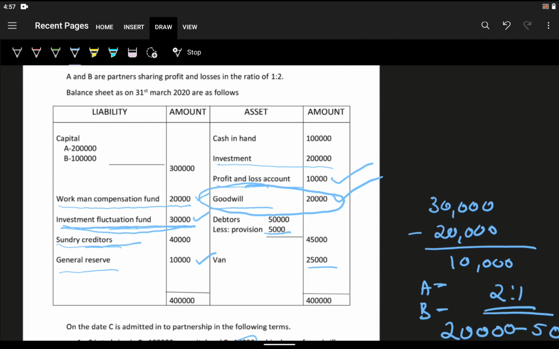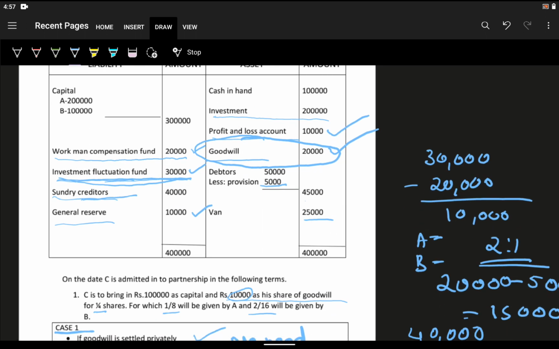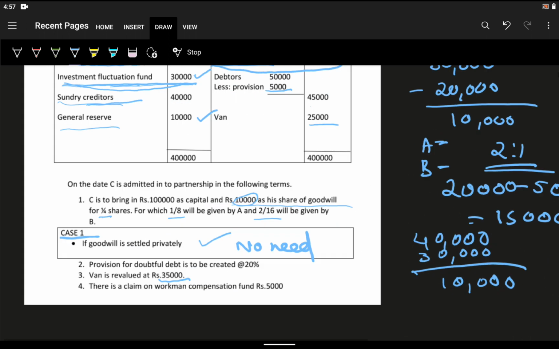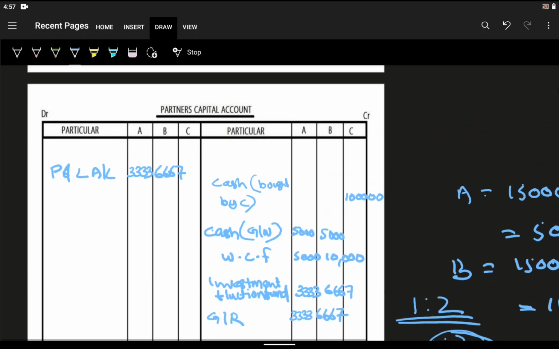Don't be confused, the goodwill in the balance sheet is entirely different from the goodwill in adjustment. The goodwill in adjustment we distributed to all the partners in their sacrificing ratio, and this goodwill in the balance sheet we will distribute to all the partners in their profit sharing ratio, and that too on the debit side.